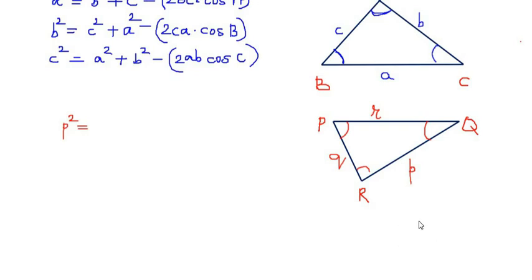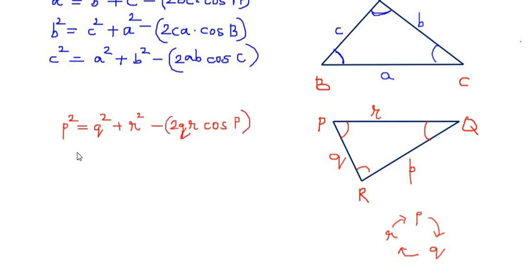You can just make a small loop here. After P comes Q, and after Q comes R, and after R is P. So P squared equals Q squared plus R squared minus 2QR cos of angle P. Because side P is given, you need to take cos of P.